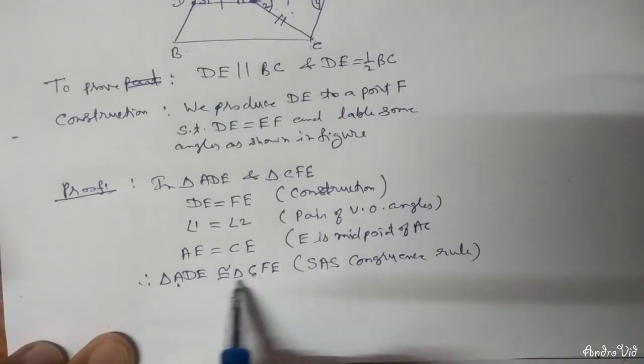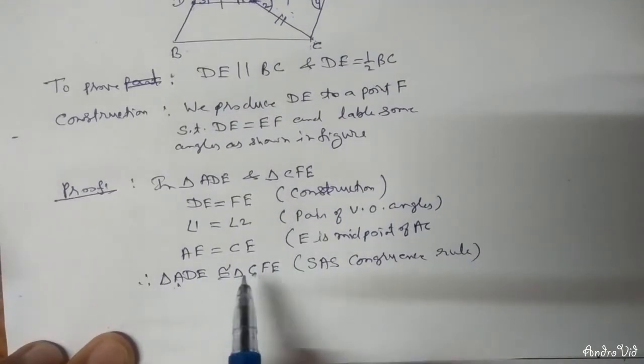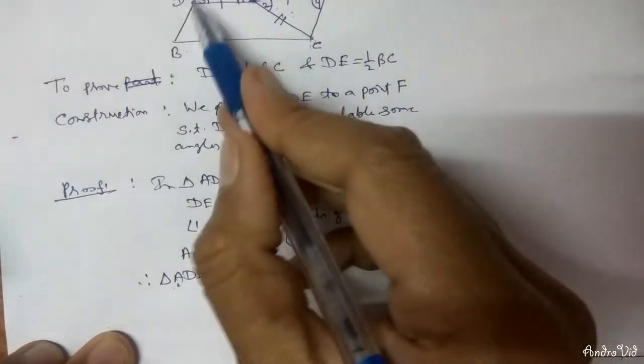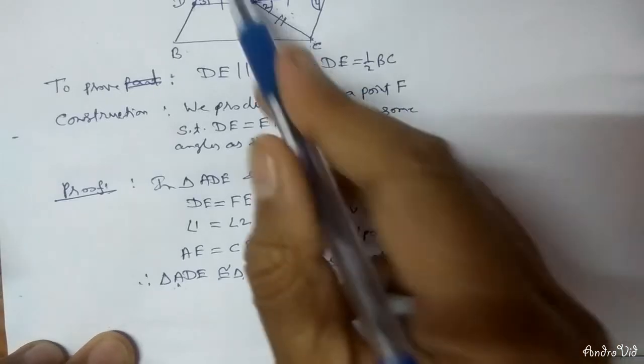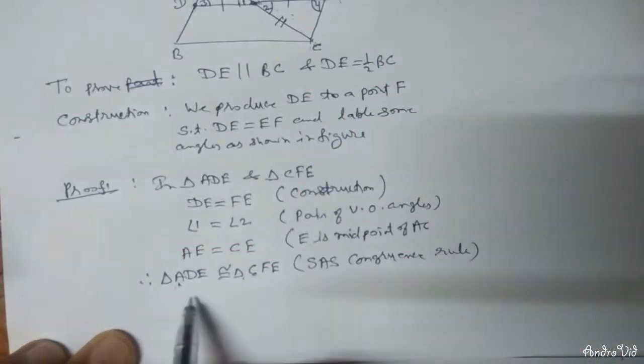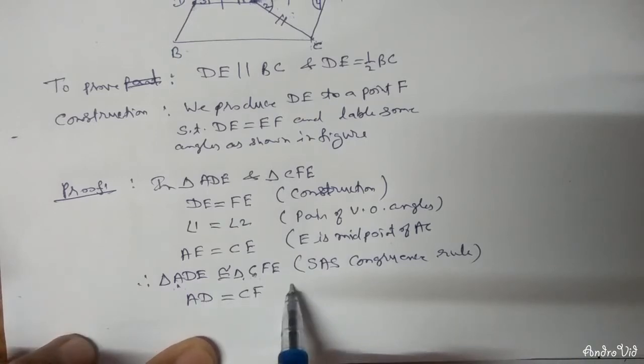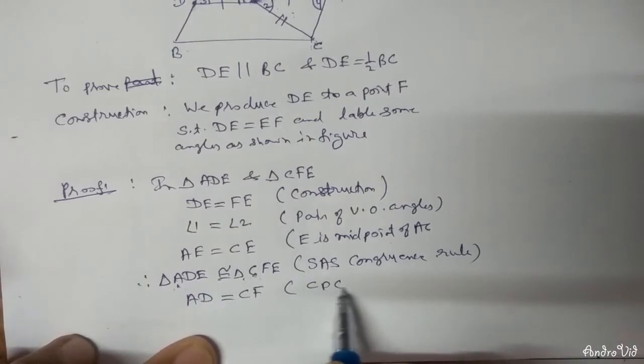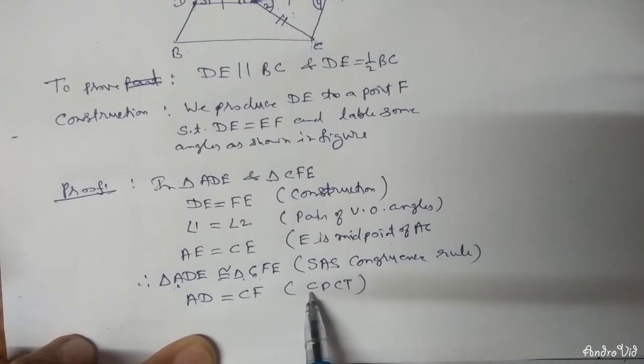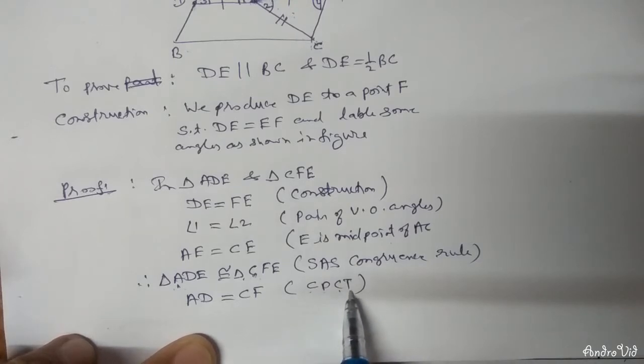Now because these triangles are congruent, therefore their corresponding parts will be equal. So AD will be equal to CF. Reason CPCT, because corresponding parts of congruent triangles are equal.